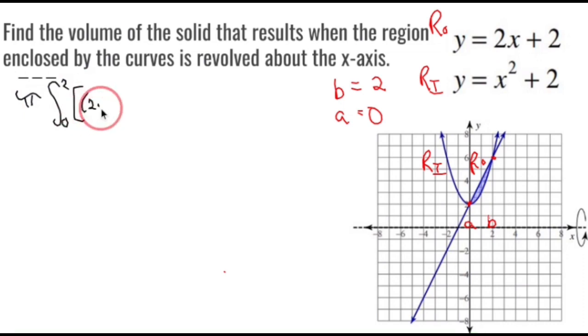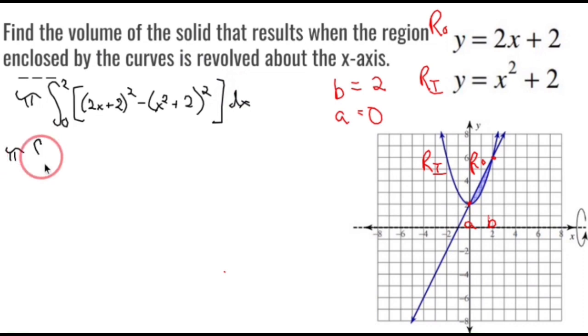So I have the integral of 2x plus 2 squared minus x squared plus 2 squared, close it, dx. Okay, before I even think about integrating, I need to do a little bit of simplifying in here. So let me do just that.